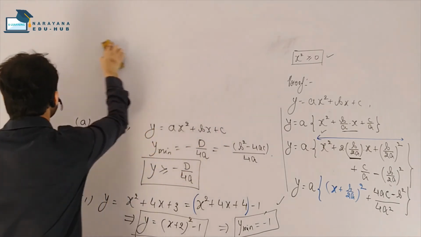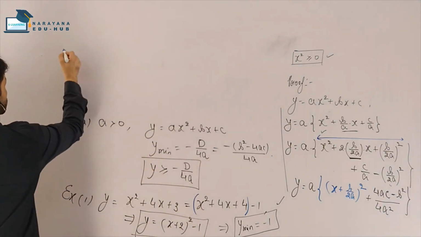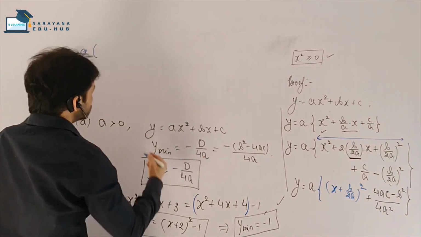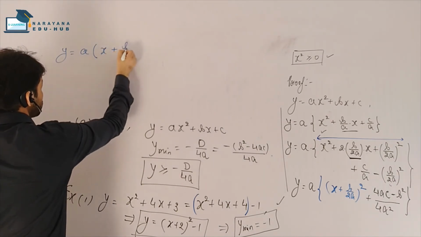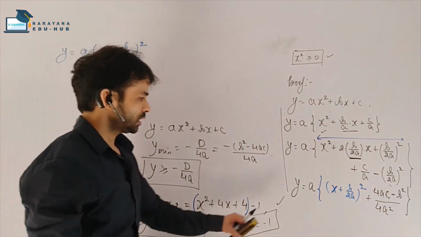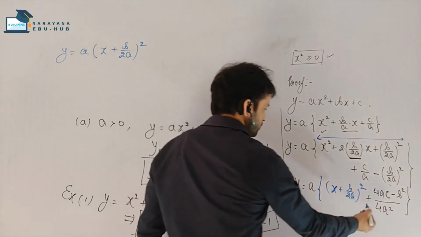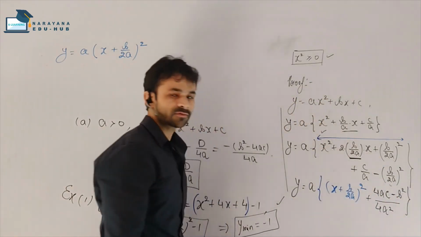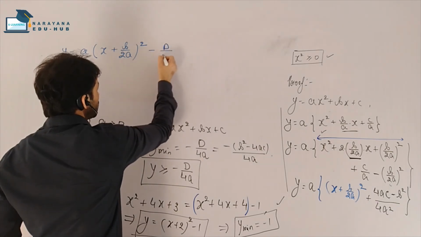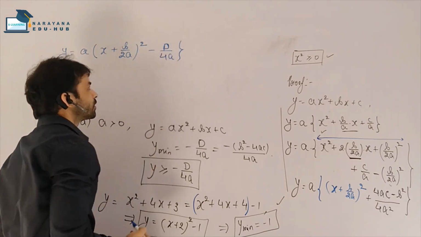Now you can see y has become a into x plus b by 2a whole square. If I multiply by a, this will become 4a, and taking this minus sign common, b square minus 4ac is D. So minus D by 4a. D is the discriminant.